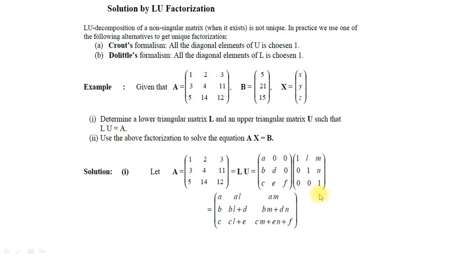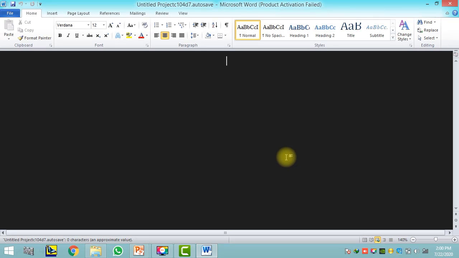Since here I assume the diagonal elements of the upper triangular matrix are 1, this is called Crout's decomposition method.